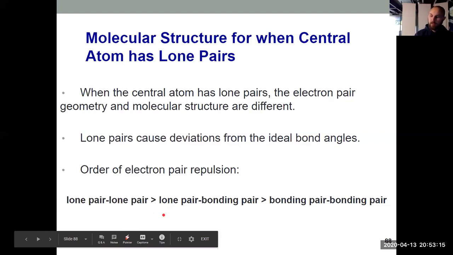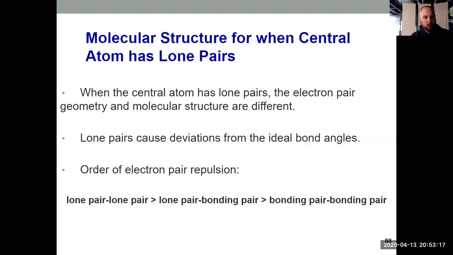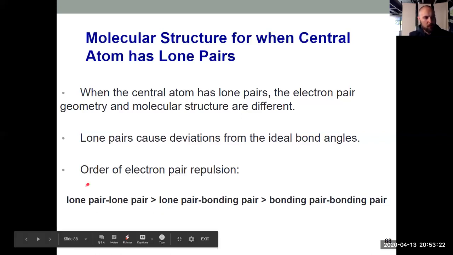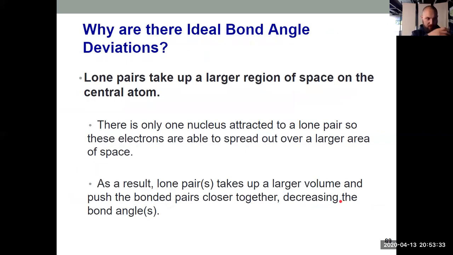Lone pairs repel one another more strongly than do bonds. So lone pair repulsion is the strongest, followed by a lone pair repelling a bond, and lastly two bonds repelling one another, which is effectively what this slide is saying.